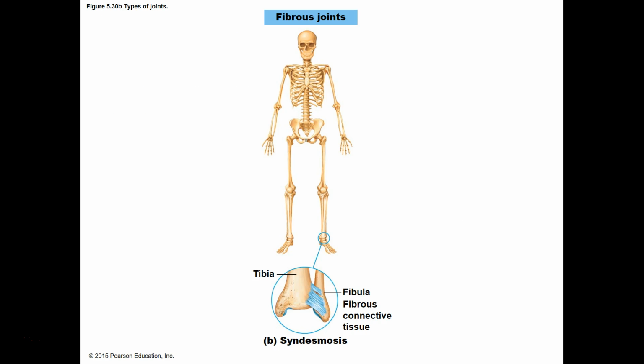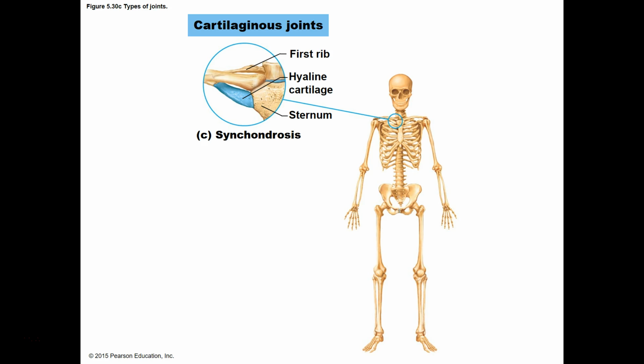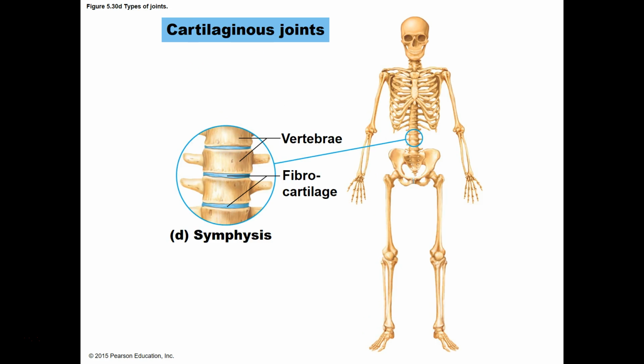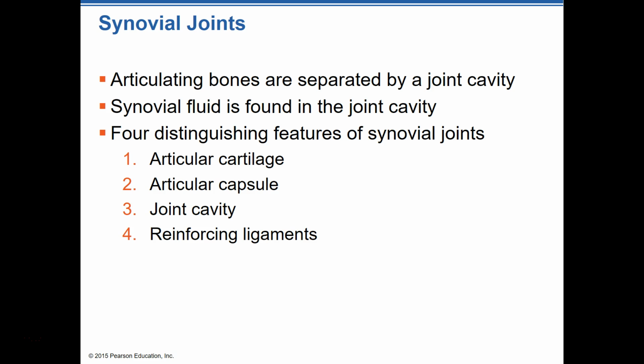We can see some down there at the bottom on the tibia too, but the cartilaginous, they're connected by fibrous cartilages, and those types we can see like in the rib cage where the rib meets the sternum. Those joints like that where there is some movement there, like when we breathe, but there's not a whole lot of movement. Also see that in the vertebrae and down there in the pelvis as well.